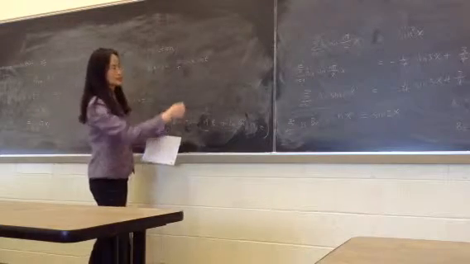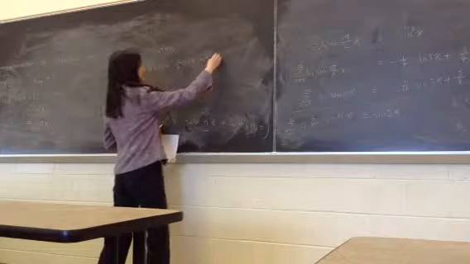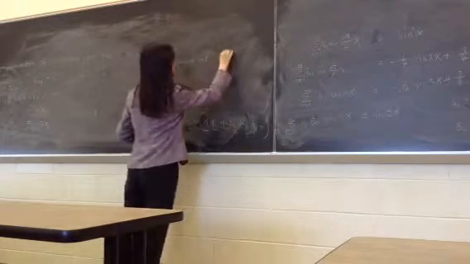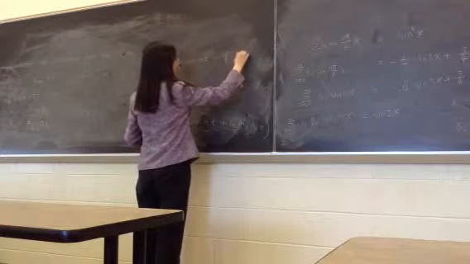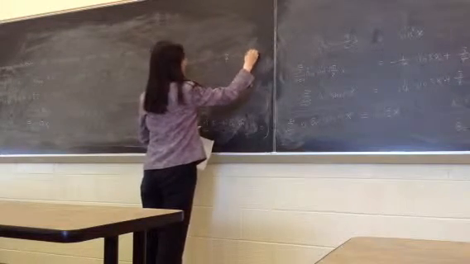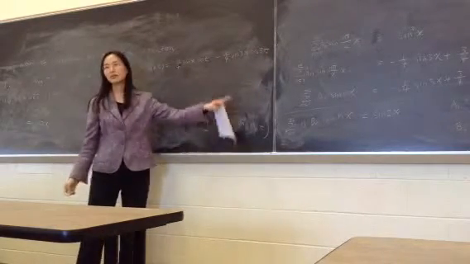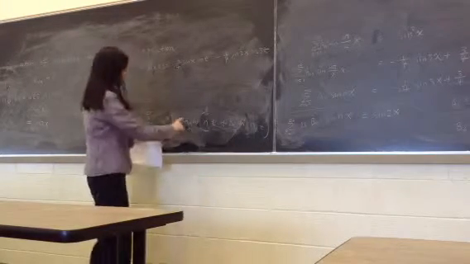And then let's take A3. What is A3? Negative 1/4. Negative 1/4 sine 3x, times cosine 3t. And then let's take the term with B2.